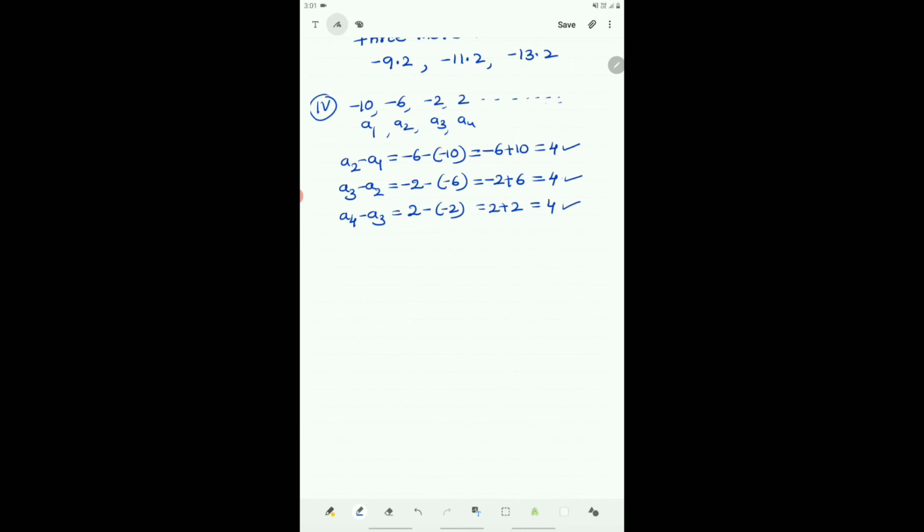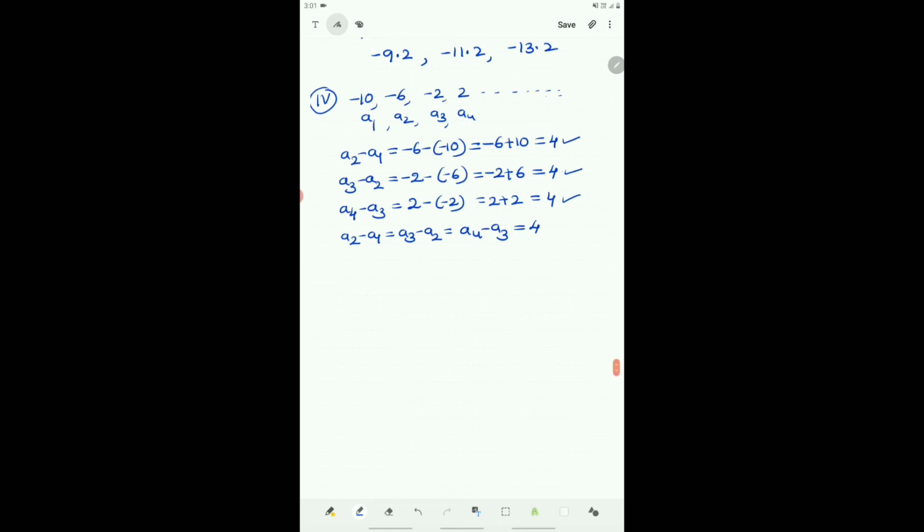Then you can write what? A2 minus A1 is equals to A3 minus A2 is equals to A4 minus A3, and all are equals to 4. So you can conclude that a fixed number is added to get the next number, and difference between the consecutive term is here 4, which is constant.